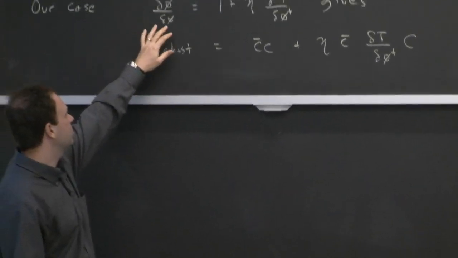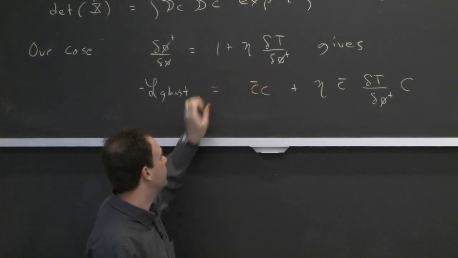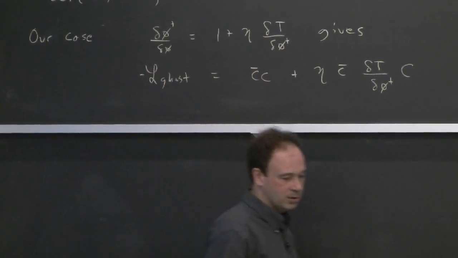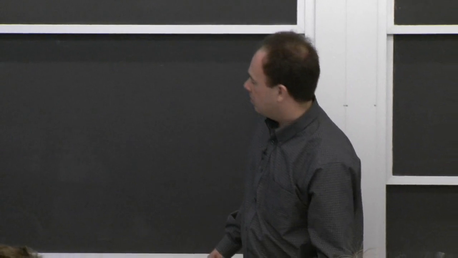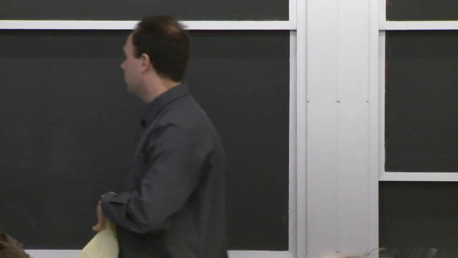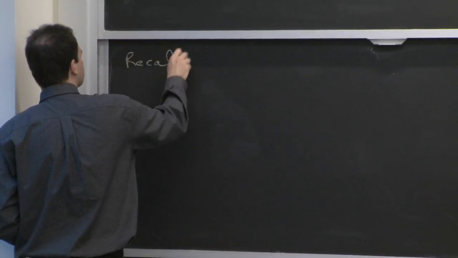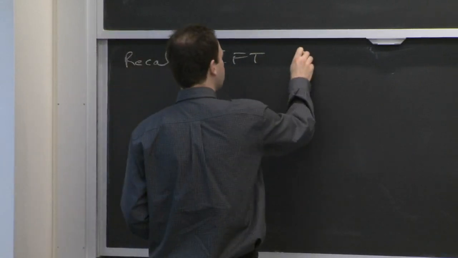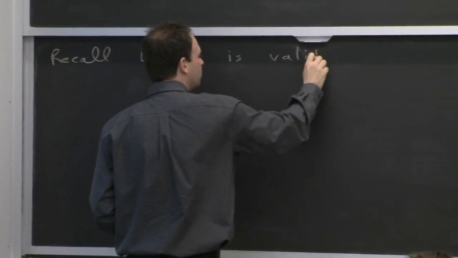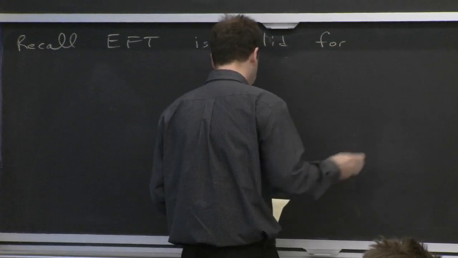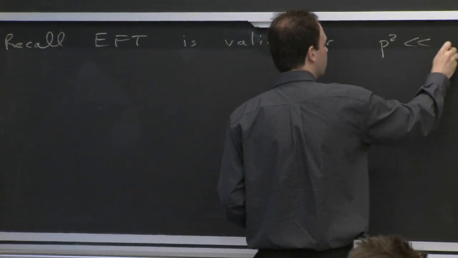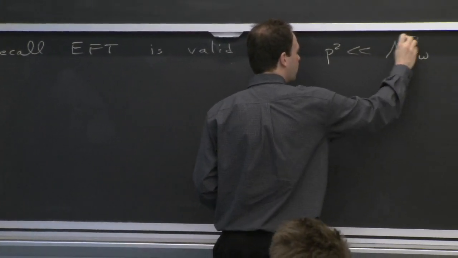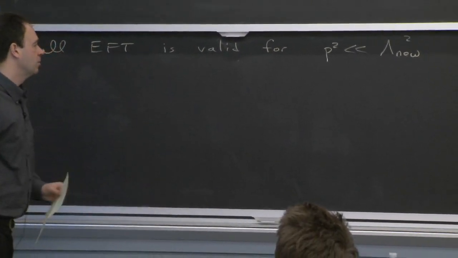So when I look at the change to the Jacobian, which is this thing, we could write that as a ghost Lagrangian. And the argument for why we don't need to worry about this is as follows. The effective field theory is going to be valid for small momentum. There's an expansion, and there's some scale introduced by the higher dimension operators, lambda nu, and we're looking at low momentum relative to that.